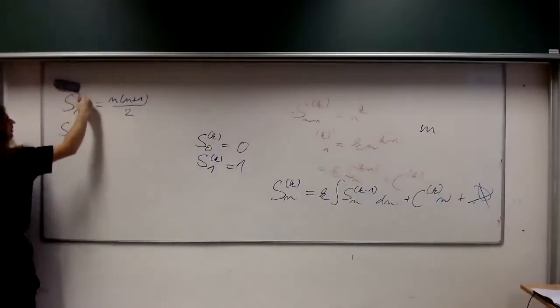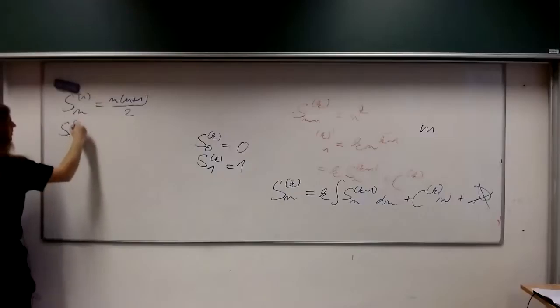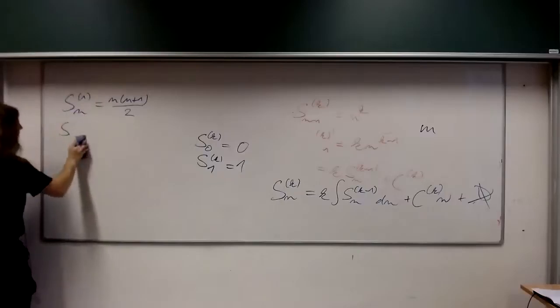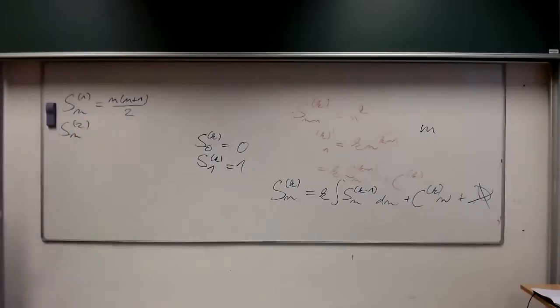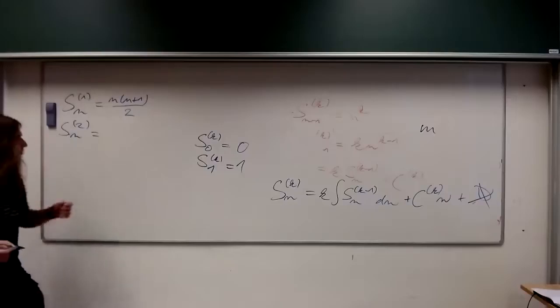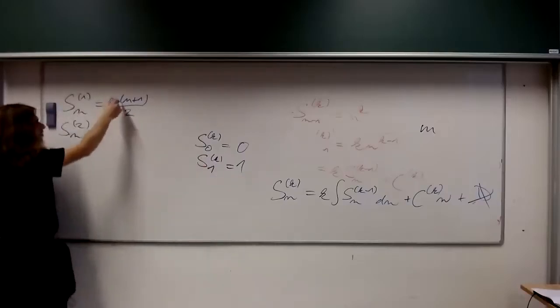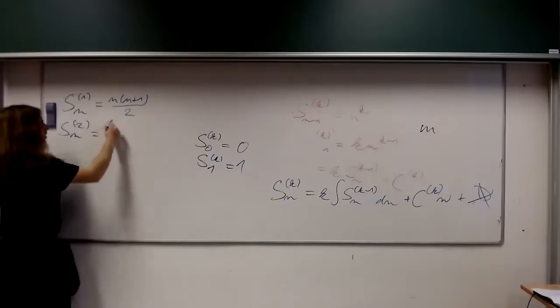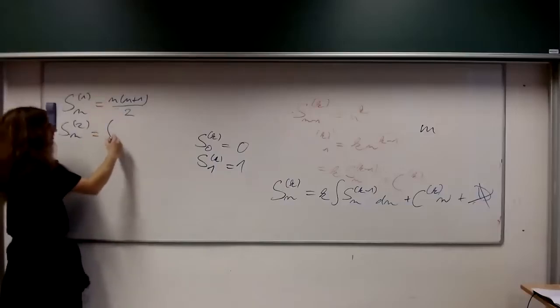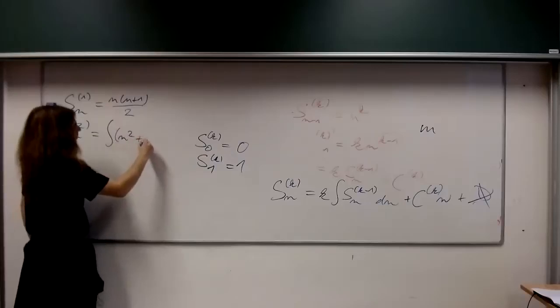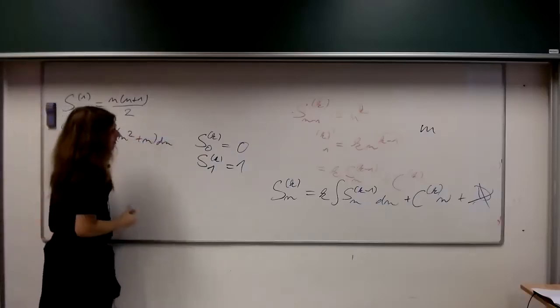I mean Sn, first powers, I'm messing it up again. Good. So we can get this by just multiplying by k, which is 2, and integrating the previous one. So here the 2's just cancel, and we have the integral of n squared plus n dn.